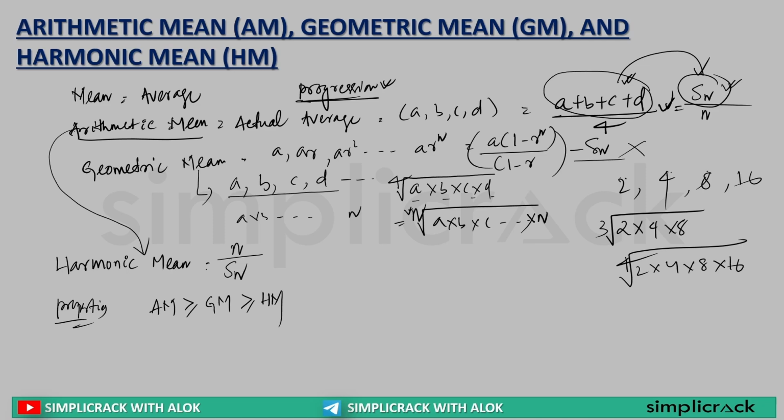And there is another property: geometric mean square is equal to arithmetic mean into harmonic mean. I am not getting into proving this theory, because you need to remember this, and mostly you won't get questions like this. You may get basic questions in NTPC, but normally SSC doesn't go there, because these are a bit high level concepts.